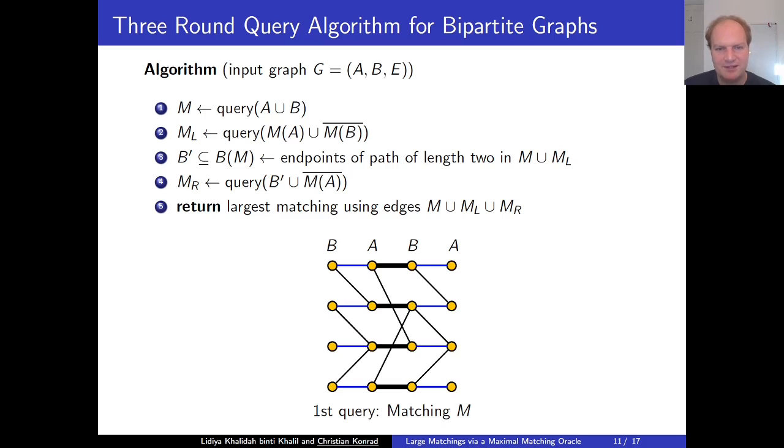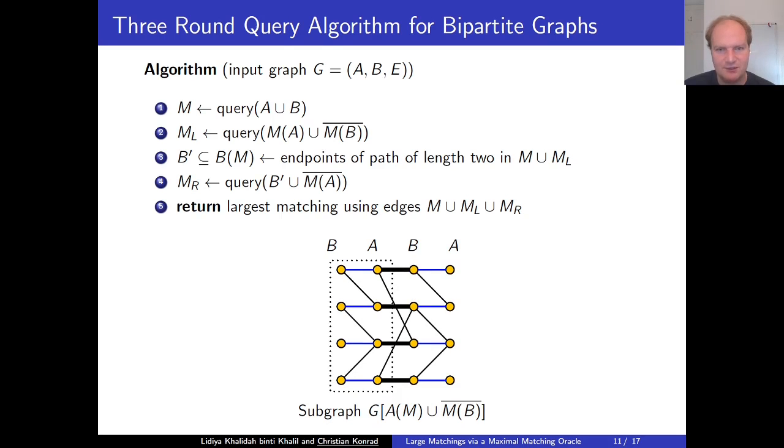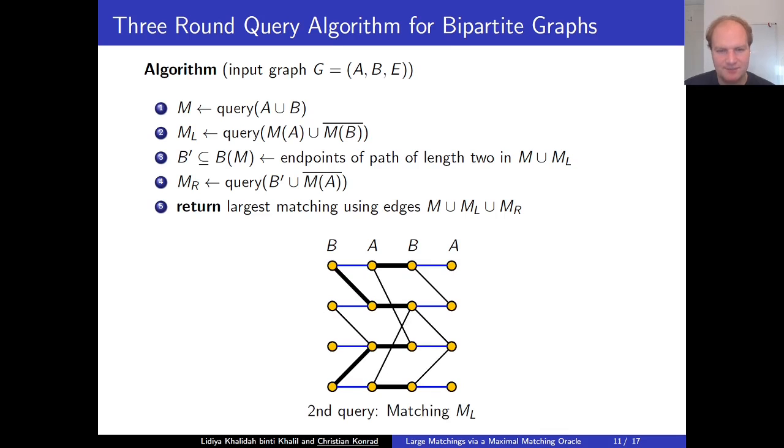Then in bipartite graphs we have a nice structure: we can look at a subgraph on the left side, the matched A vertices and the unmatched B vertices. And what we do is we run a query in this specific subgraph, which would return additional edges.